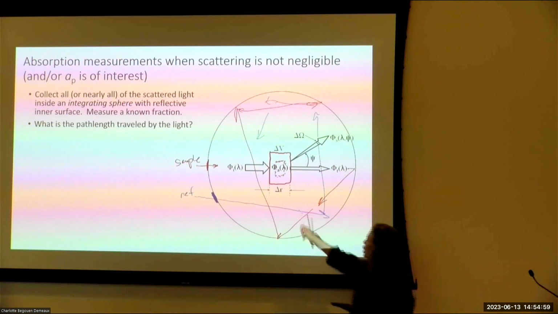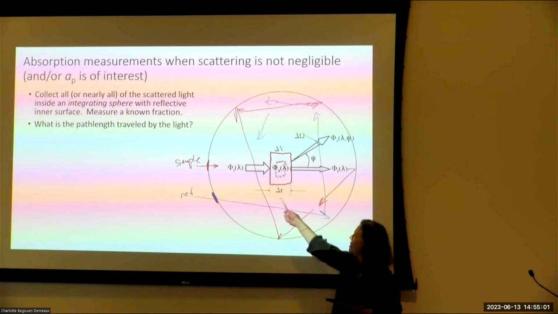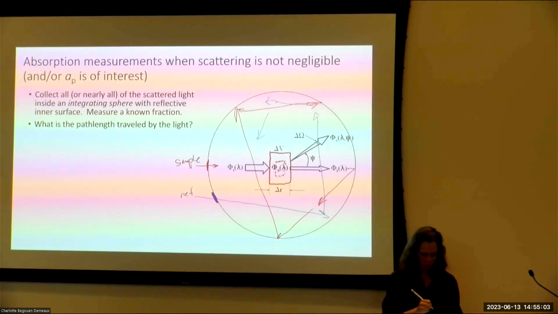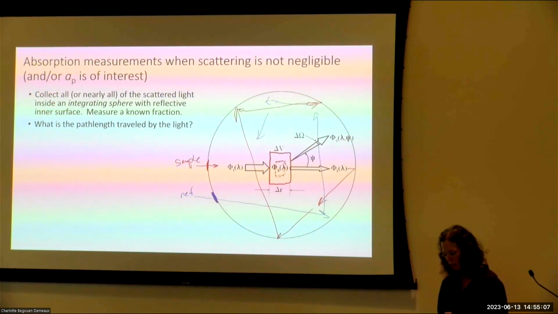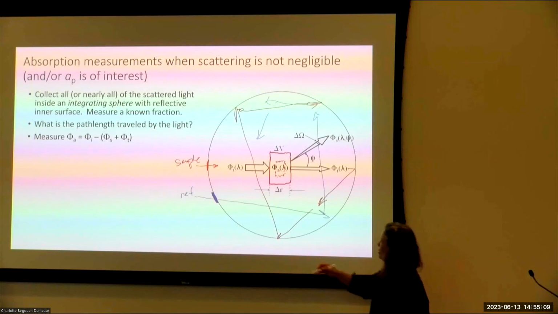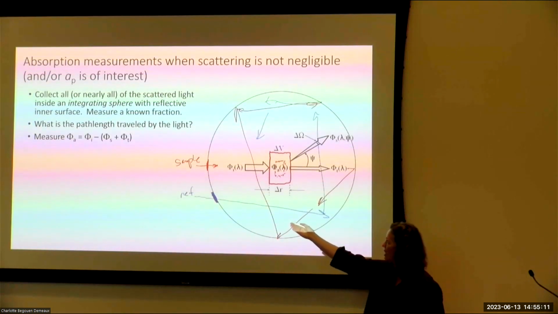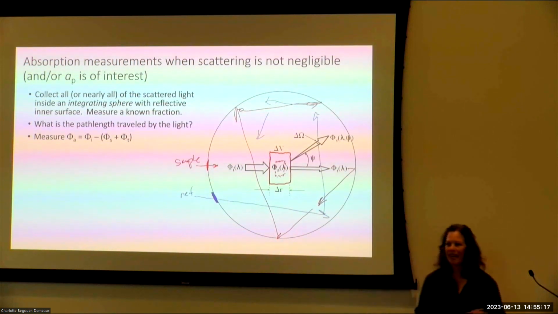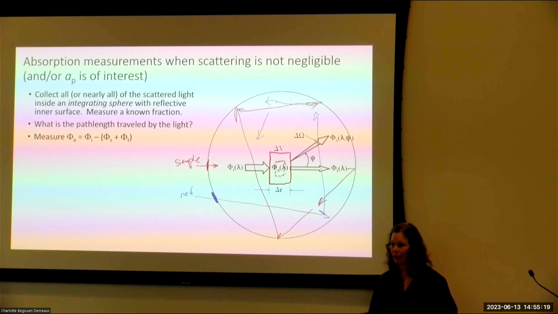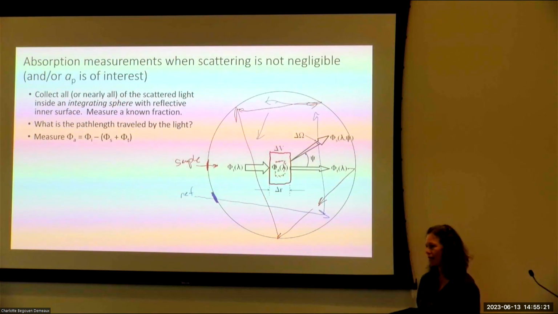We're really still only looking at that level. Okay, so then we're measuring the observed light as the difference between what's in and what's scattered and transmitted is what we measure. Okay? Measure that at the end of it.